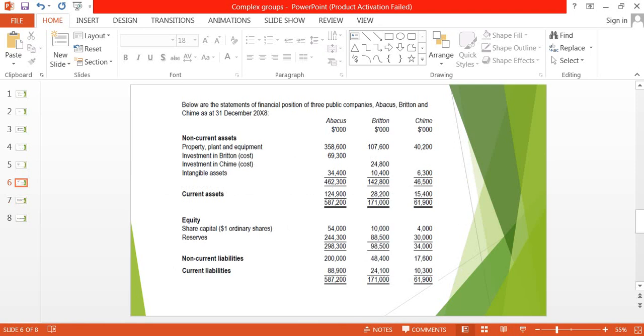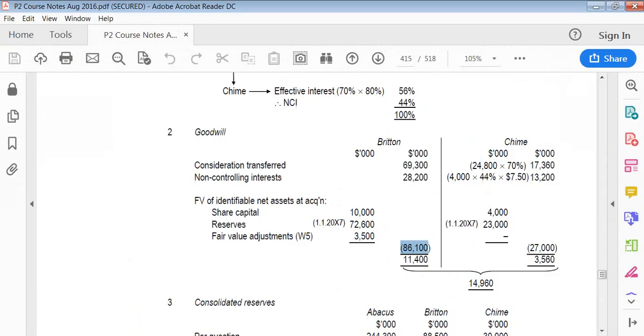We are given there that this investment is now worth 24.8 million. So it's this 24.8 million that we use to compute the goodwill. So 70% of 24.8 will belong to the parent.